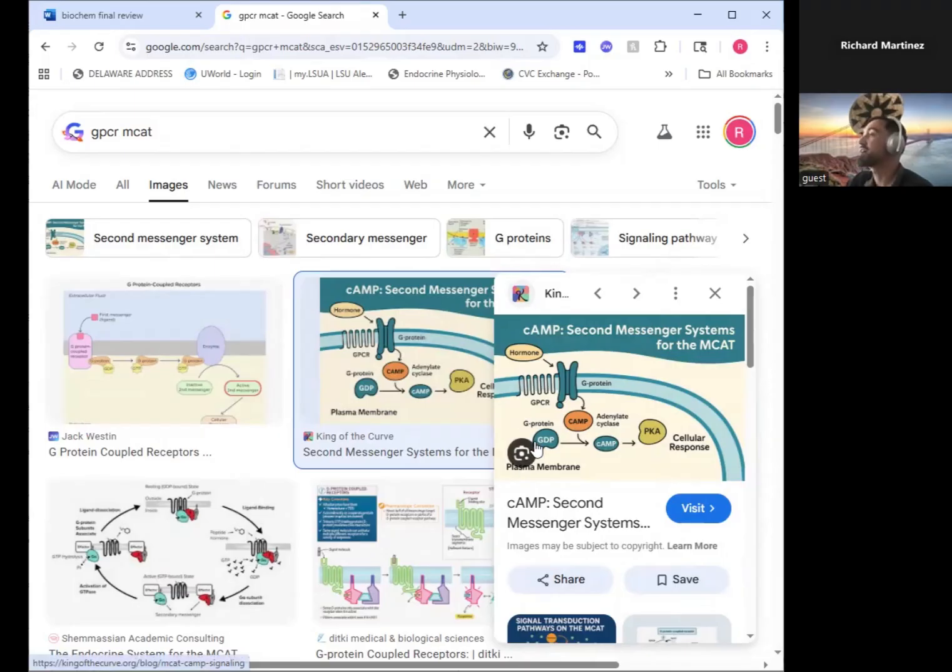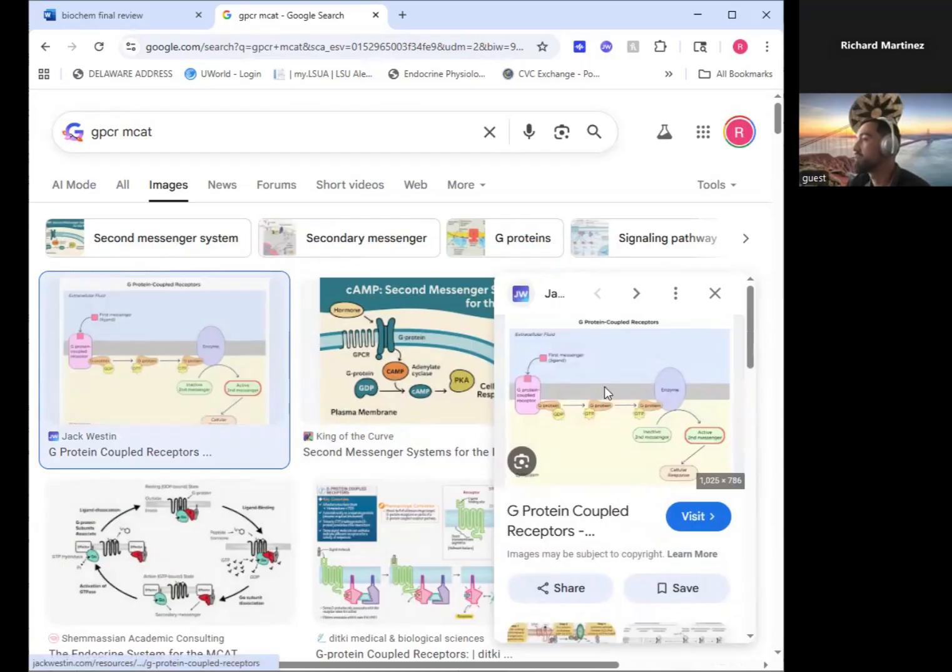Protein phosphorylation cascade is activated. Okay. CAMP. Got it? So that's when your secondary messengers, CAMP. Okay. And this signaling is so fast. It's ridiculously fast.